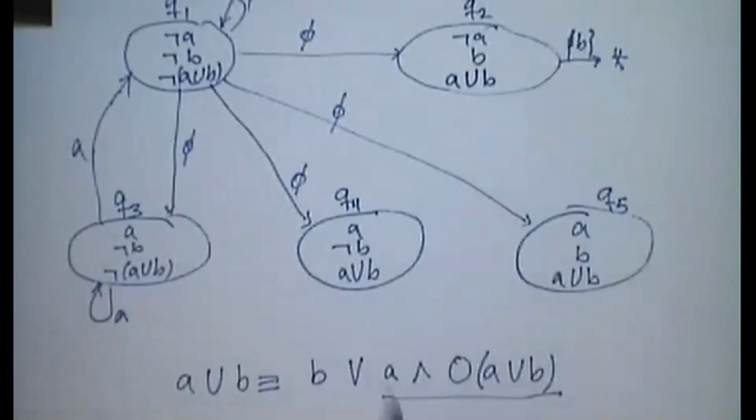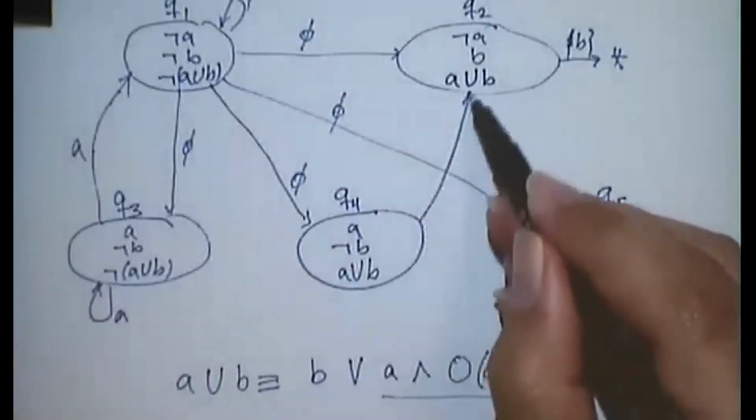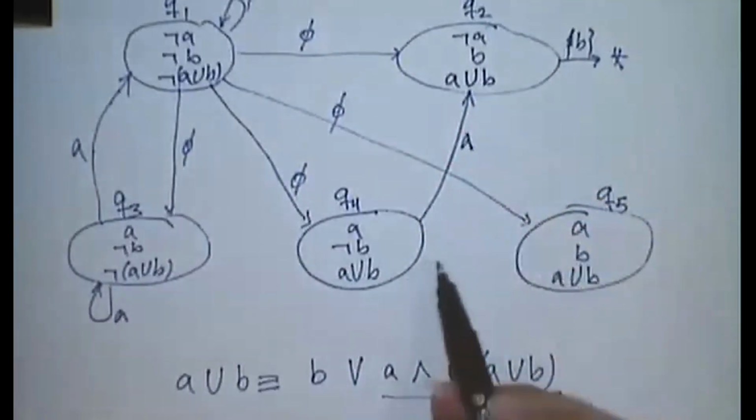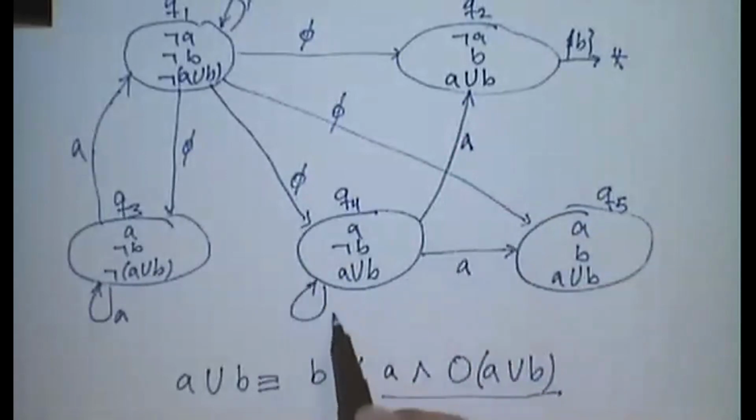Right? Now, with which letters can we go to those successors? With letter A, right? Because we shouldn't have B and we should have A. So I can go from here to here with letter A. I can go from here to here with letter A. And I can just do this with letter A. Okay.